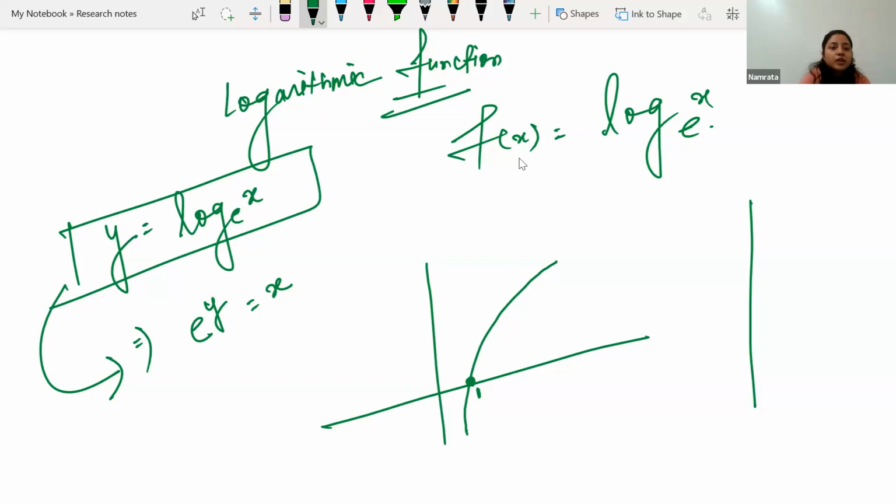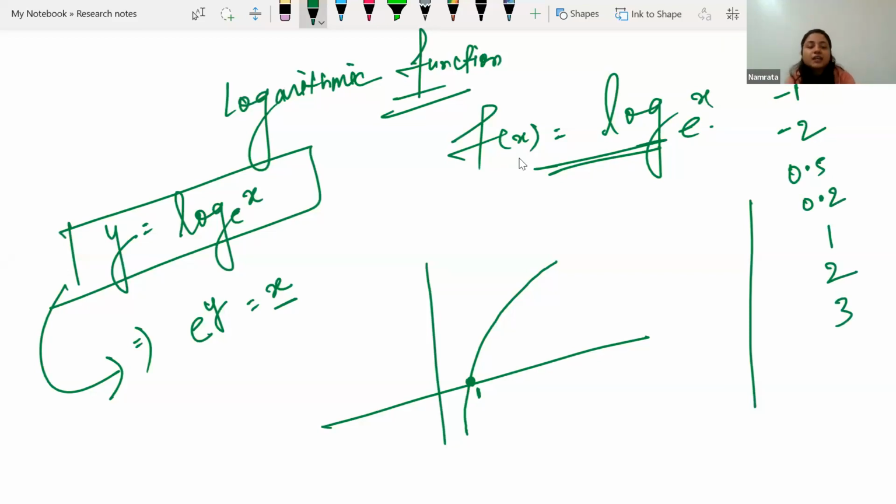Now here, if we are saying x value can be any real number, it can be -1, it can be -2, it can be 0.5, it can be 0.2, it can be +1, +2, +3. That means decimal, negative, positive, all the real numbers are acceptable for x. Let's check.